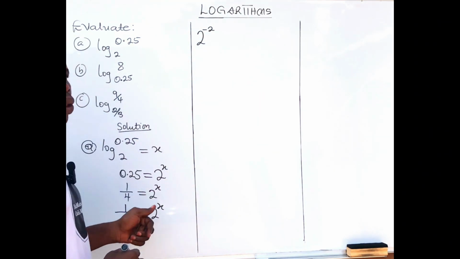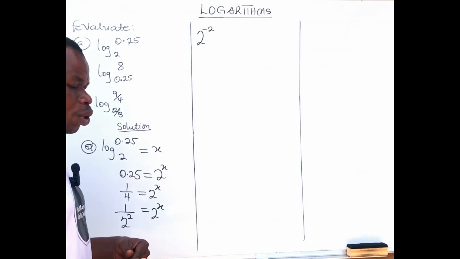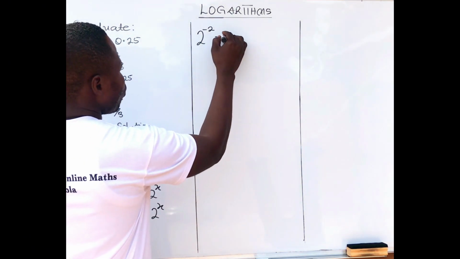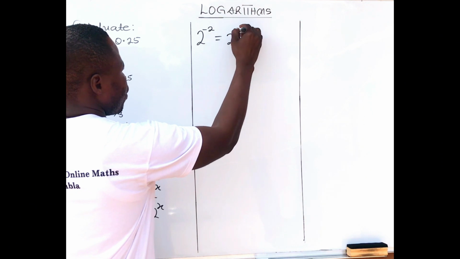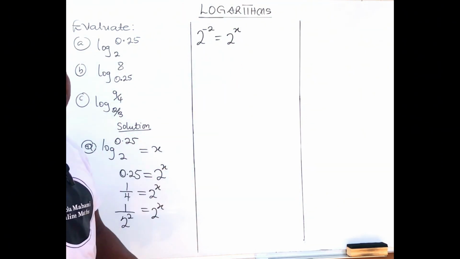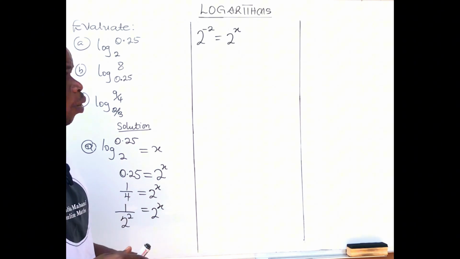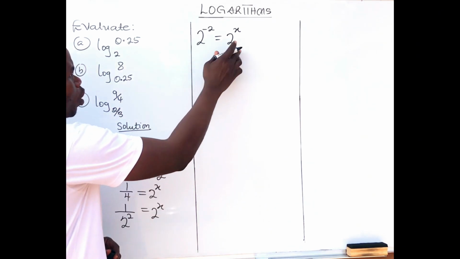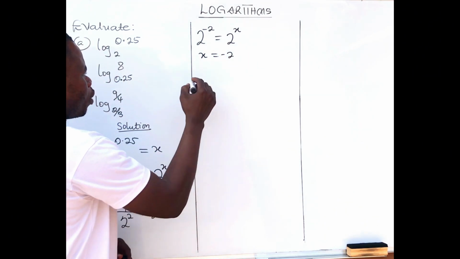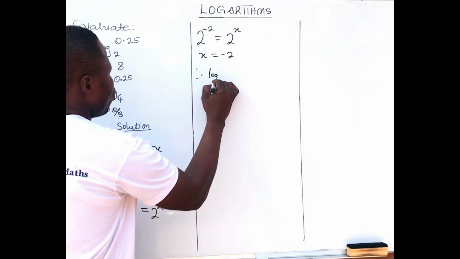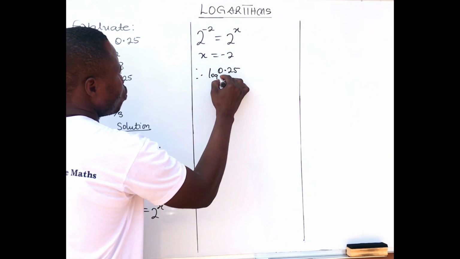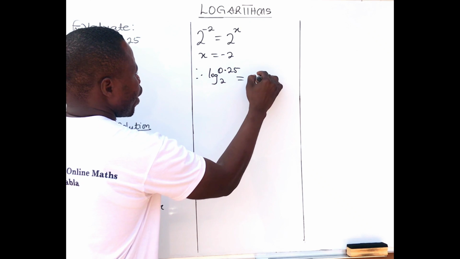It means I'm sending it to the top, and the power will change to negative since it is positive here. And this will be equal to 2 exponent x. From indices, if the bases are the same, it means that the exponents are also the same. So if 2 is equal to 2, then x will be equal to minus 2. Therefore, log 0.25 base 2 will be equal to minus 2.